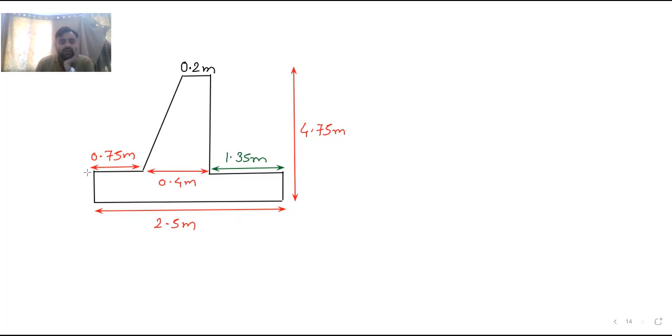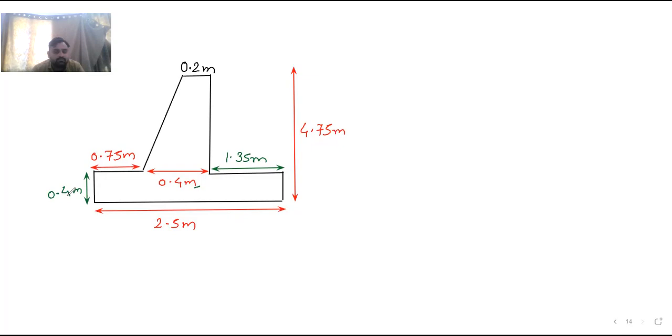So for the base slab we are going to provide a thickness of 400 mm. Whatever we provide here, the same we provide to the base slab. It is mentioned in the code that it should be the same.